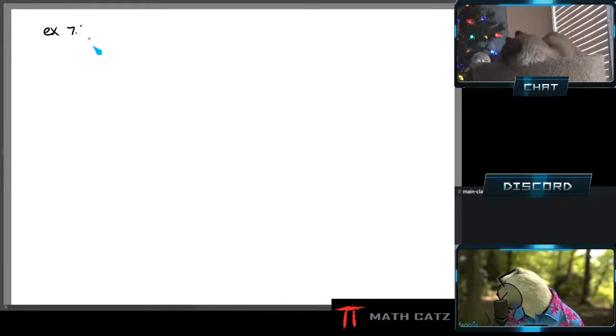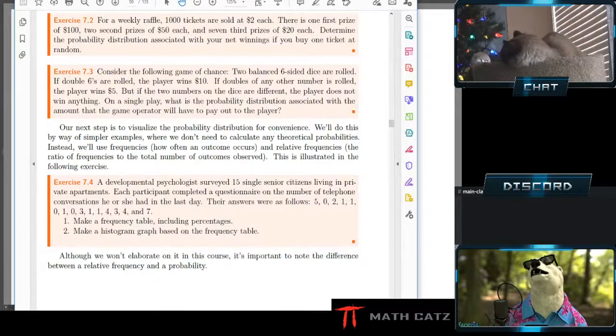Exercise 7.3. Now, like I said before, it is crucial at the start to be very aware of what is the experiment, what is the action that I'm doing, and what is considered an outcome to this experiment.